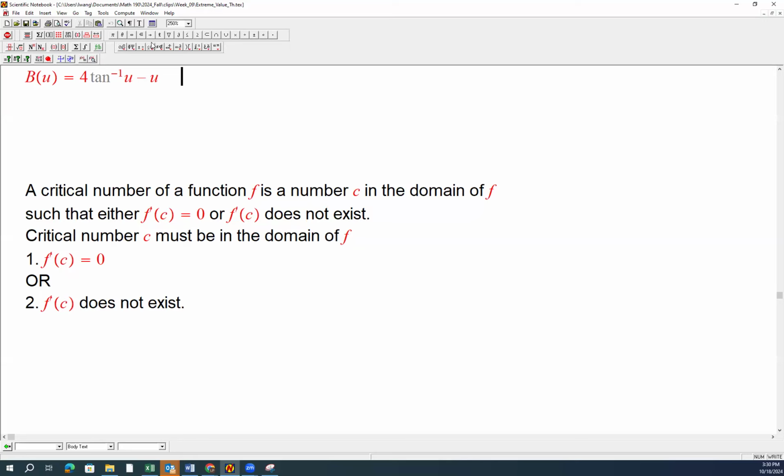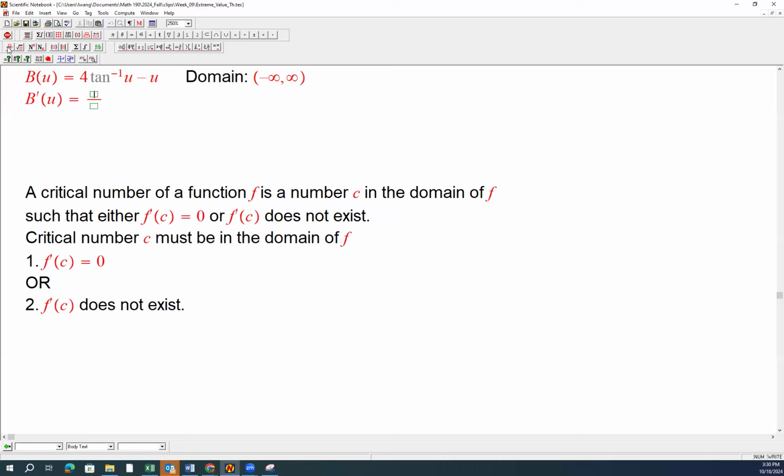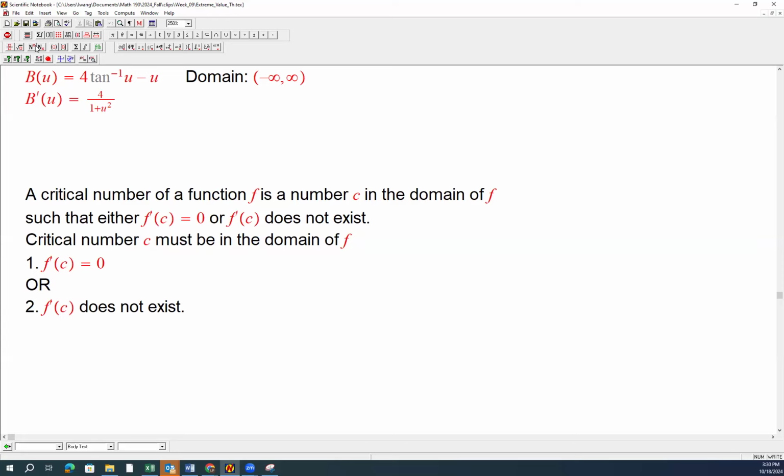The domain of arctangent is all real numbers, from negative infinity to positive infinity. And the derivative: we're going to take the derivative of 4 times arctan. That's going to be 4 over 1 plus u squared, minus the derivative of u, which equals 1.